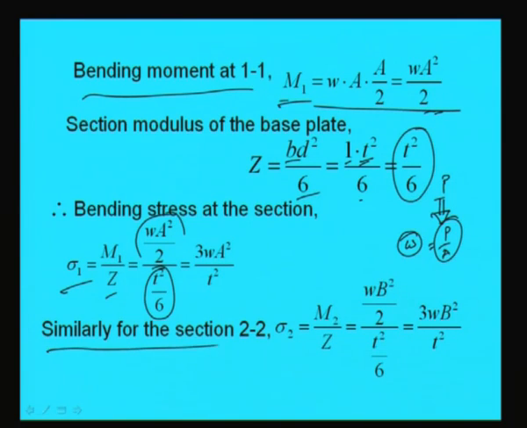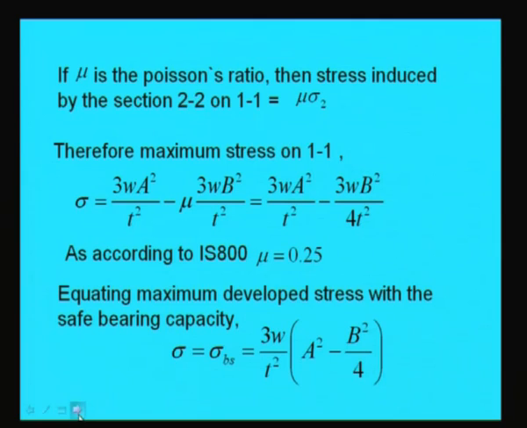So, similarly in section 2, this will become M2 by Z, M2 will become in a similar way W b square by 2 and Z will become T square by 6. So, 3W b square by T square. So, the bending stress at the critical section is 3W a square by T square in one direction, and in section 2 we are getting 3W b square by T square.